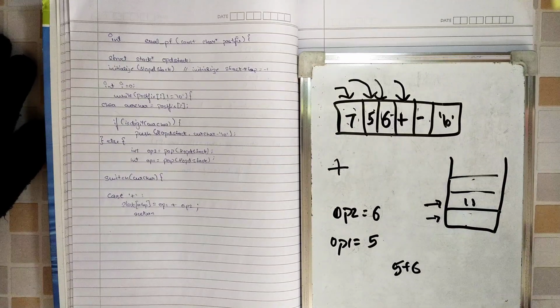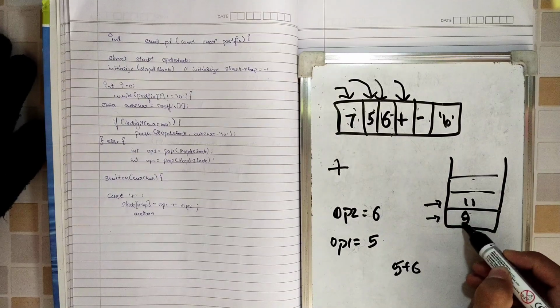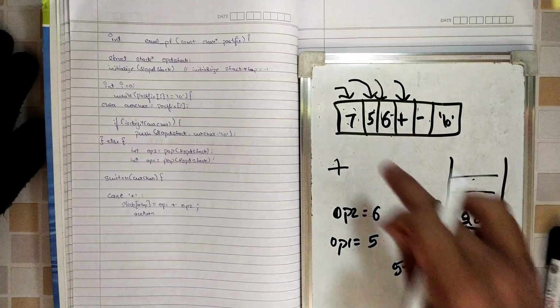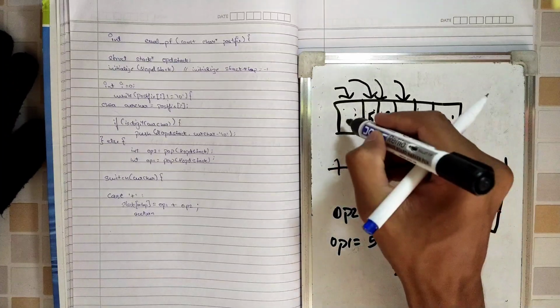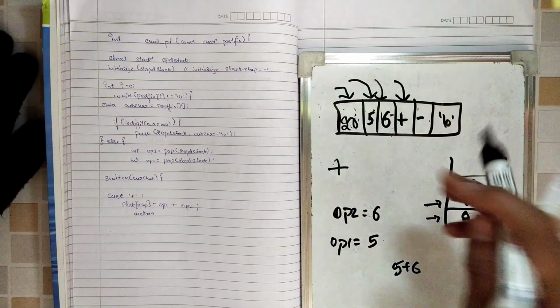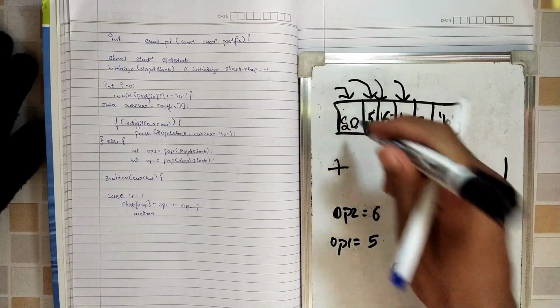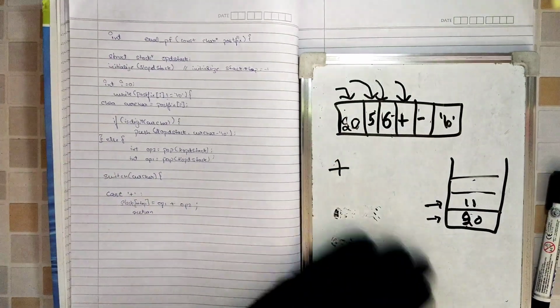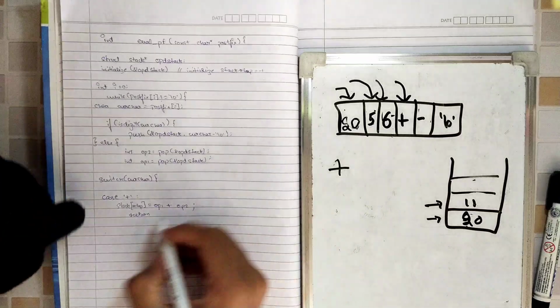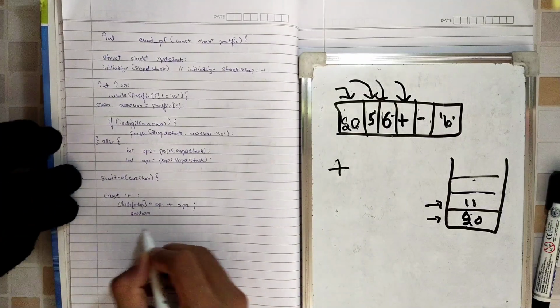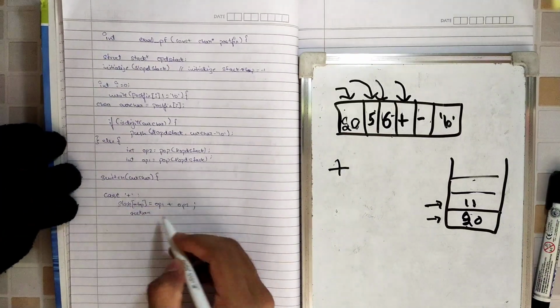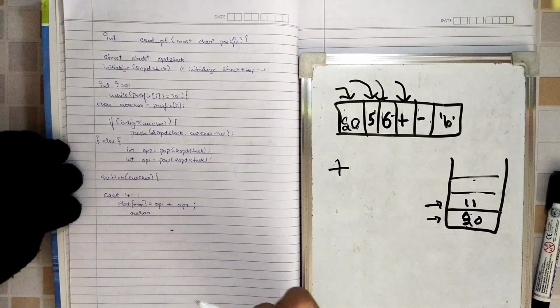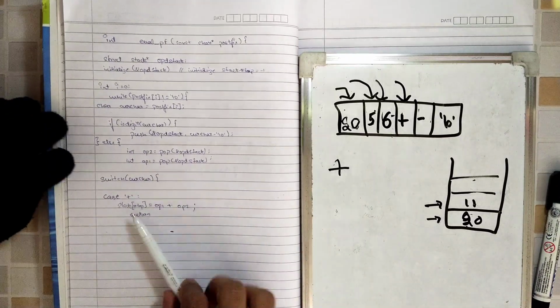Let us keep 20 here for better understanding, or else it will confuse you. Then if it is case minus, it is the same thing, only minus will come. See, everything is the same. Here this plus will change to minus. That's the only difference.